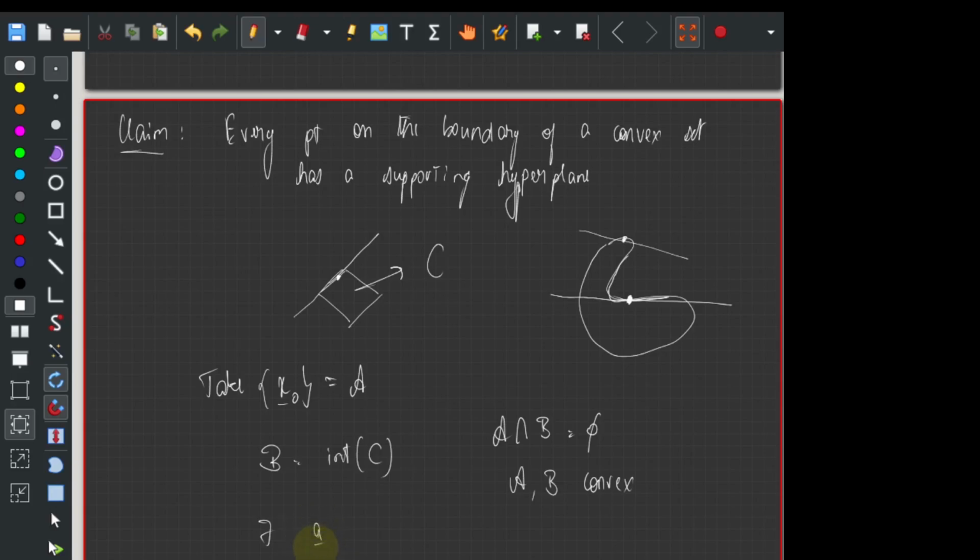So basically there exists some vector a such that a transpose x is greater than or equal to b for all x in the interior, and a transpose x is less than or equal to b for all x in A. But can a transpose x not be strictly less than b?